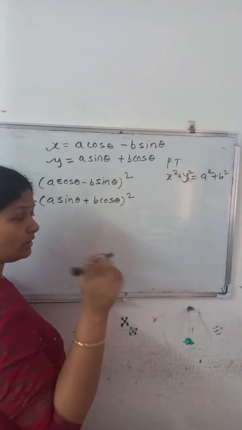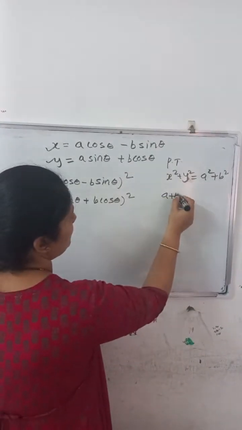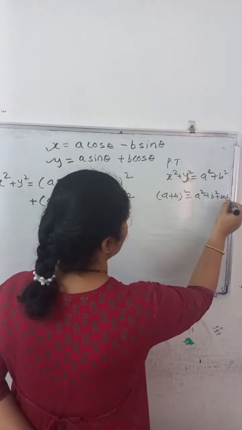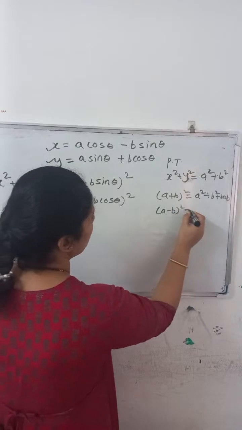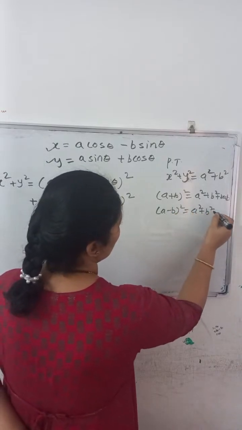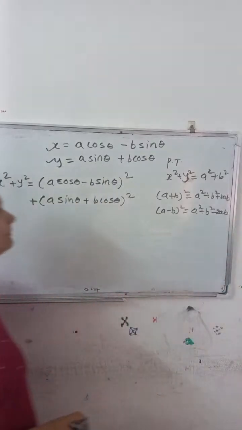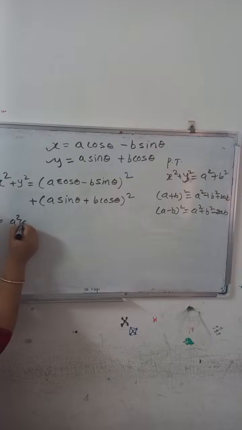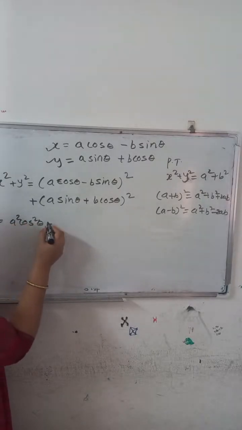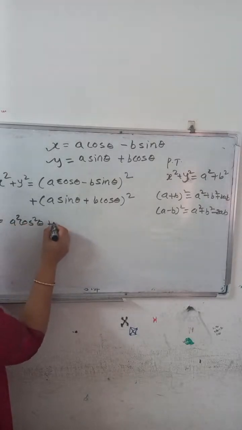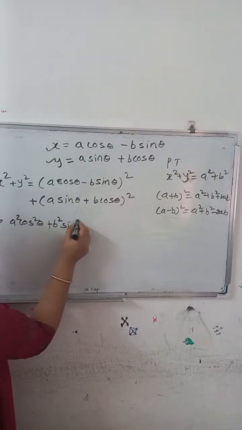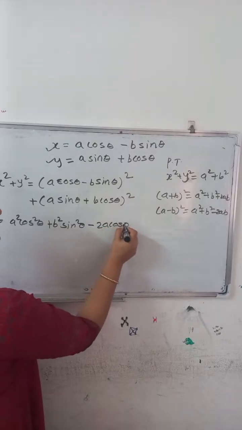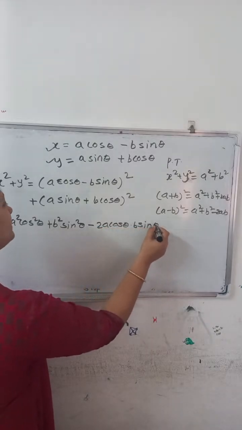If you don't know, learn it today. a plus b whole bracket square is a square plus b square plus twice ab, and a minus b whole bracket square is equal to a square plus b square minus twice ab. These are the identities you can apply here. So this will become a square cos square theta plus b square sin square theta minus 2a cos theta into b sin theta.